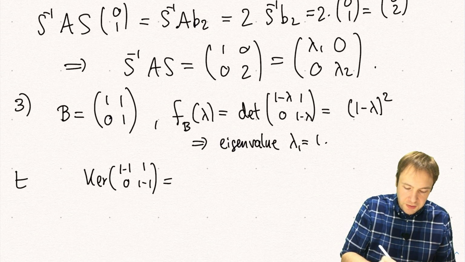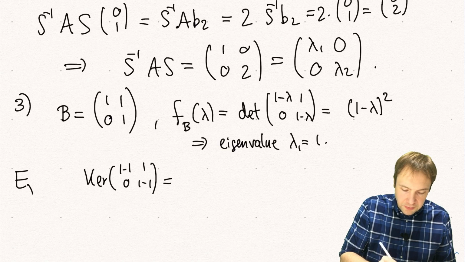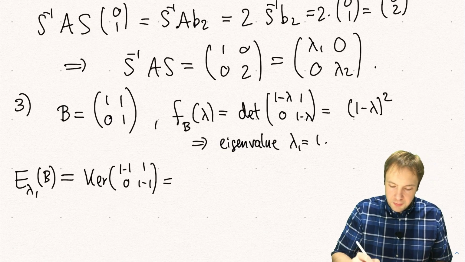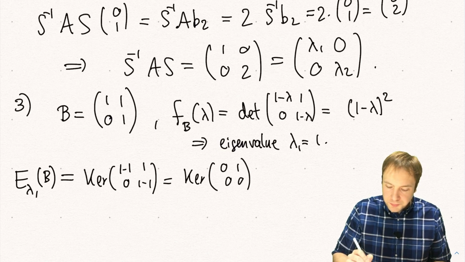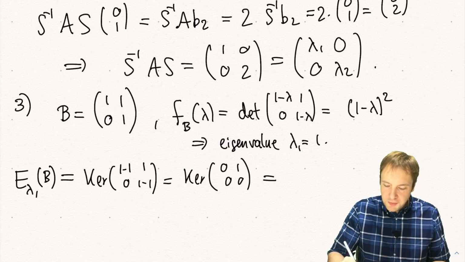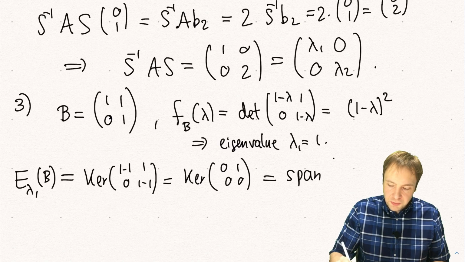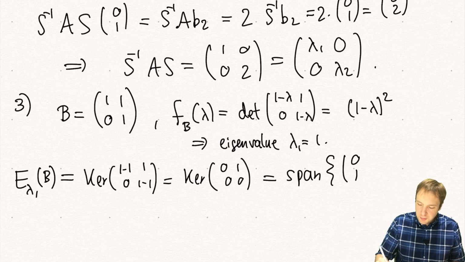So this is the eigenspace of lambda 1 of this matrix B. So this is the kernel of the matrix 0, 1, 0, 0. But here we see that this is the span of the vector 1, 0.